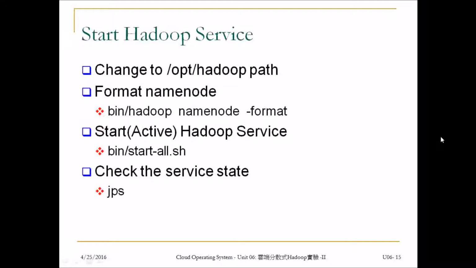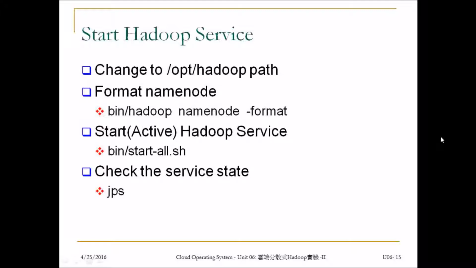So you need to use the command hadoop namenode -format to create a clean name node. After you create a name node, it means the Ubuntu Enterprise Cloud is already prepared to receive the big data for the further execution.